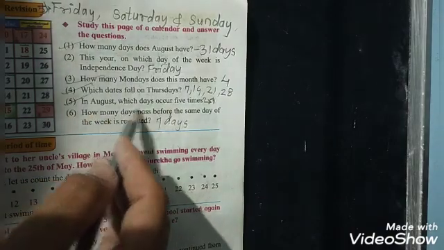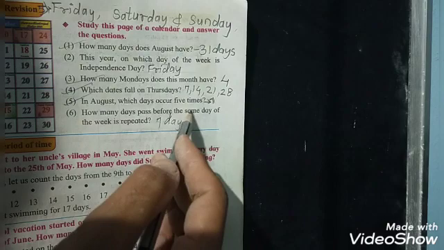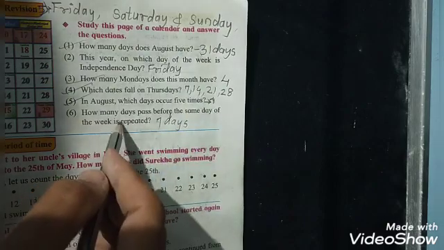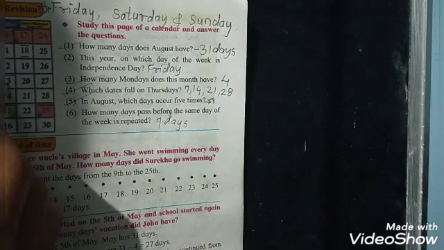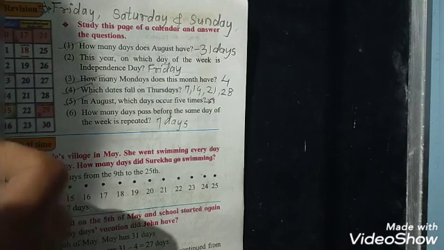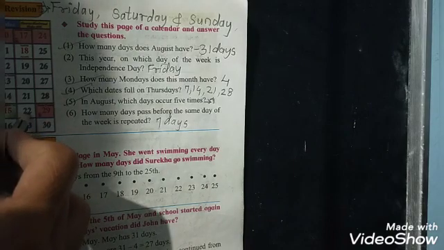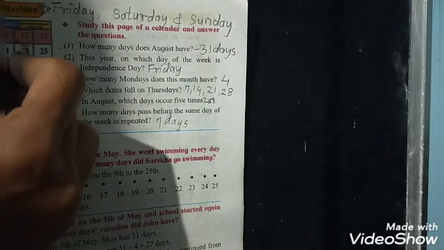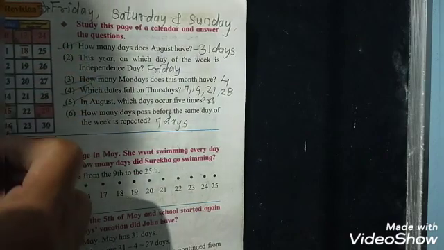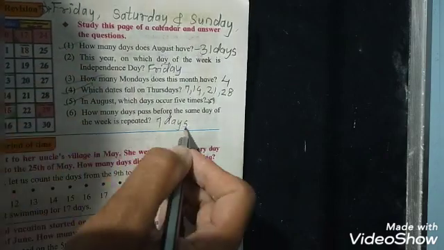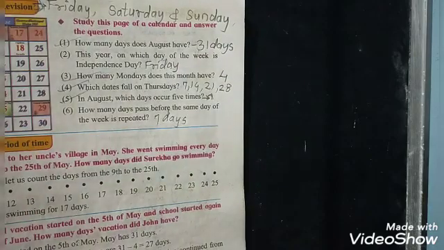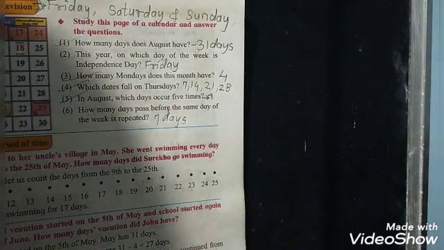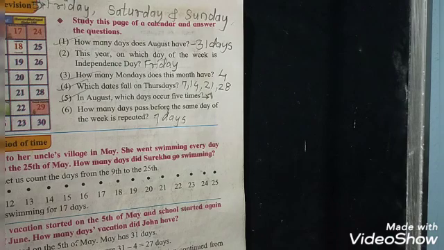Suppose I have considered Friday here. Then how many days pass? 1, 2, 3, 4, 5, 6, 7. 7 days. Then the same day is repeated. So in this way, students, we will stop here.